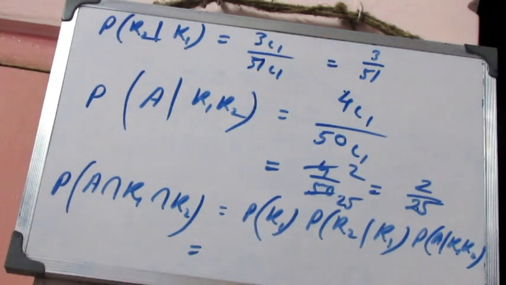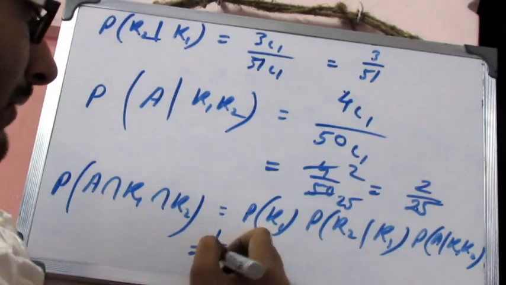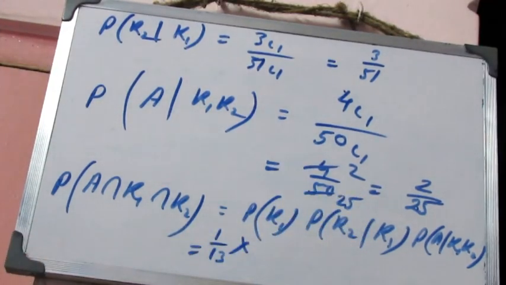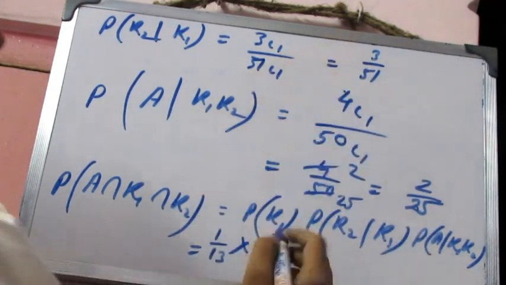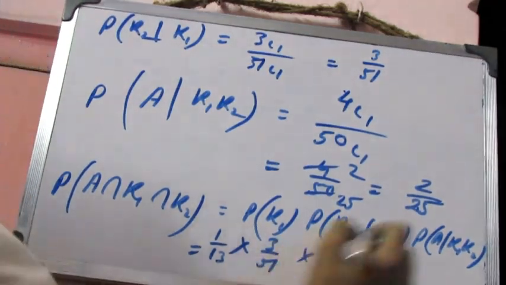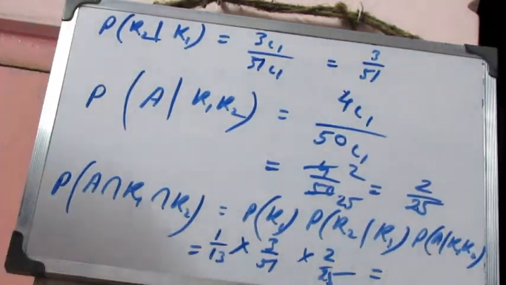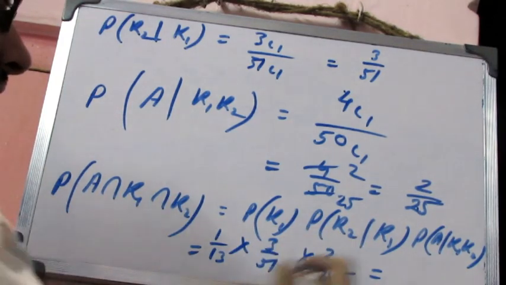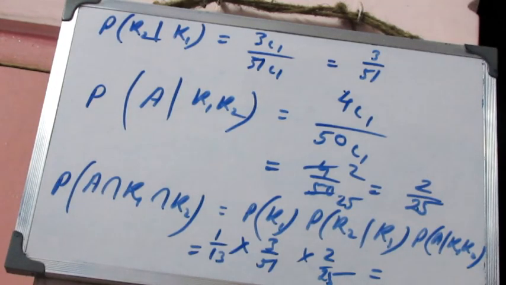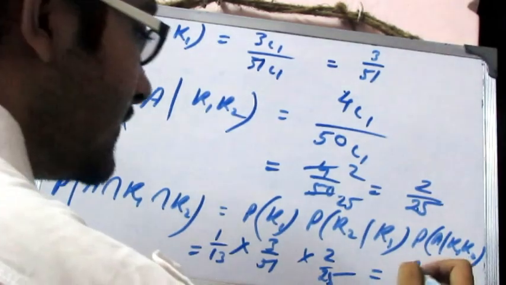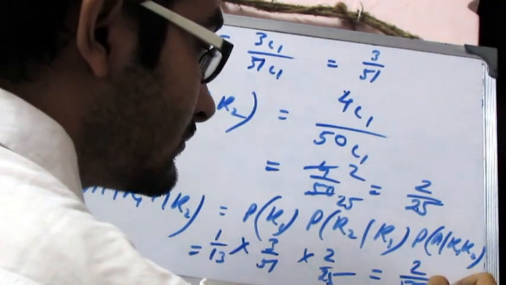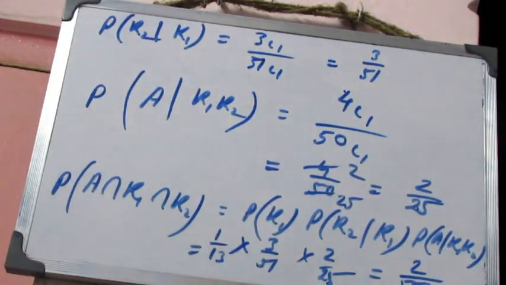The probability of K1 was 1 by 13, times the probability of K2 given K1 which is 3 by 51, times this one which is 2 by 25. After cancelling everything we can write the answer as 2 by 5525. This will be the answer.